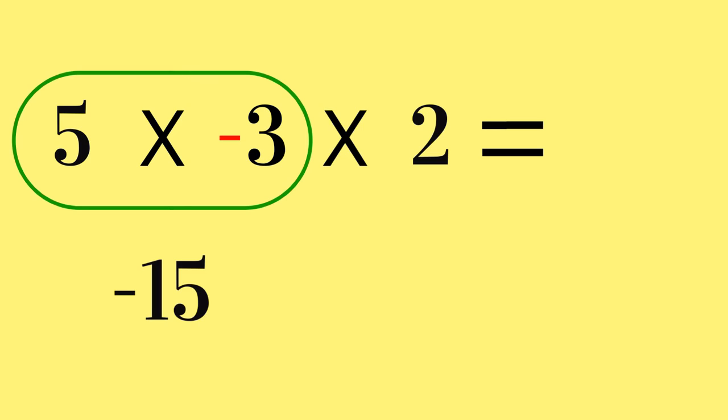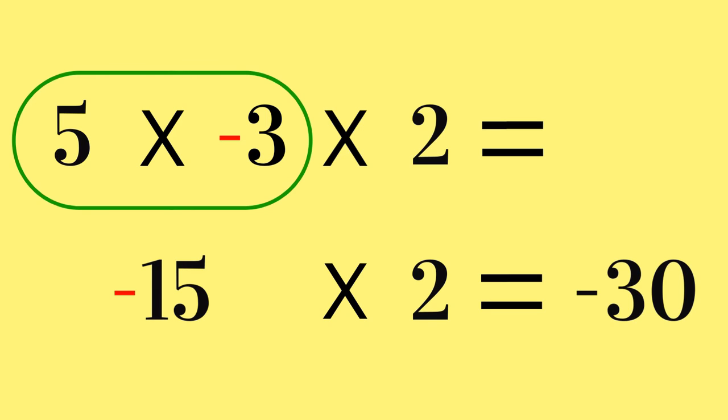Now we have negative 15 multiplied by 2. Again, as we have a negative number multiplied by a positive number, we know the answer will be negative, and 15 multiplied by 2 is 30, so the answer is negative 30.